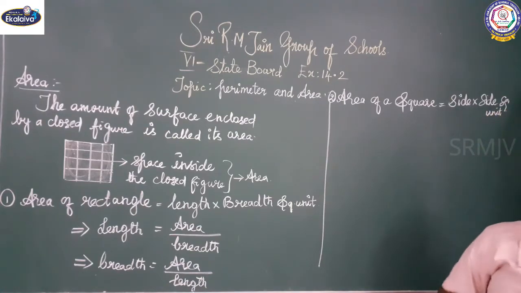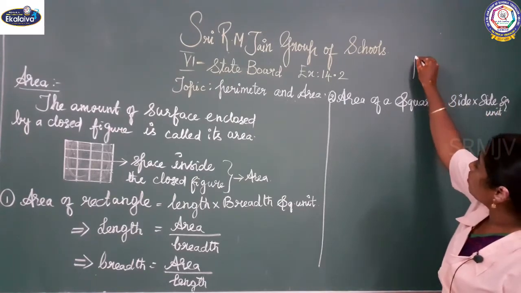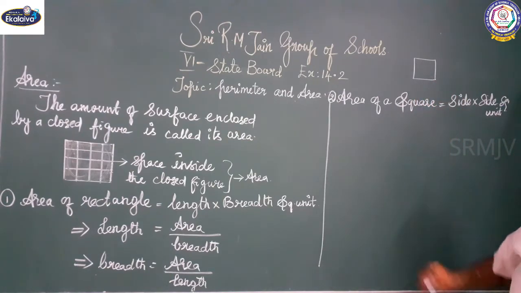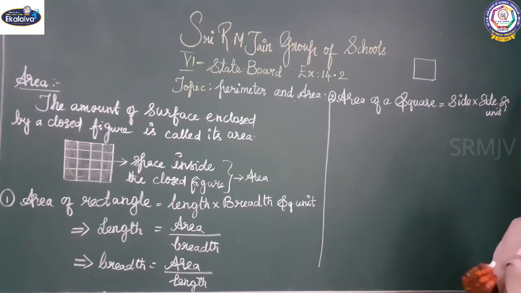Can you understand this? Area of a square is side into side, because see, in a square, 4 sides are equal. So, here I am mentioning that side. So, side into side is your area of a square.